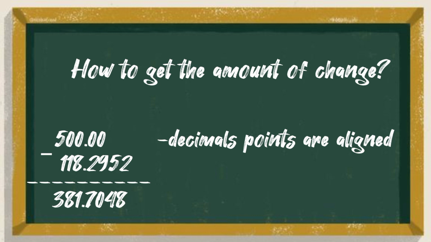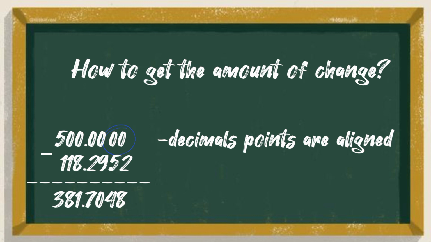Now, when we subtract the two given numbers, the 500 and the 118 and 2,952 10,000ths, in order not to be confused, you need to put zeros in the empty place values.